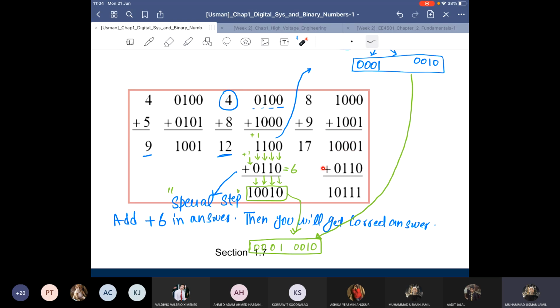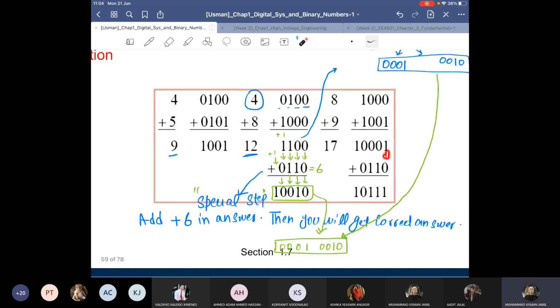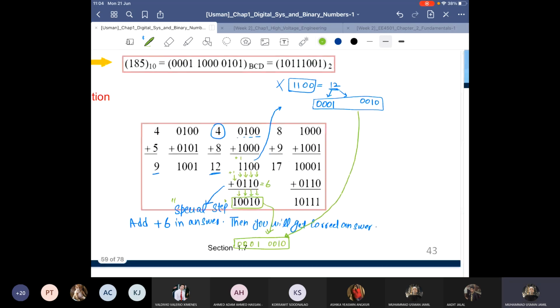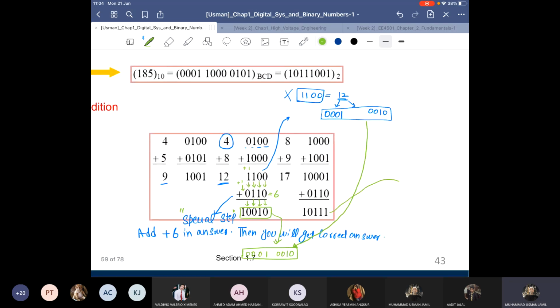So then we have to add 6, 0 1 1 0. So now you can add 1 plus 0 is 1, 0 plus 1 is 1, 1 plus 1 is 0 and 1 carry, 0 plus 0 is 0 and 1 comes here. Now if I write down this number here, it is 10111.